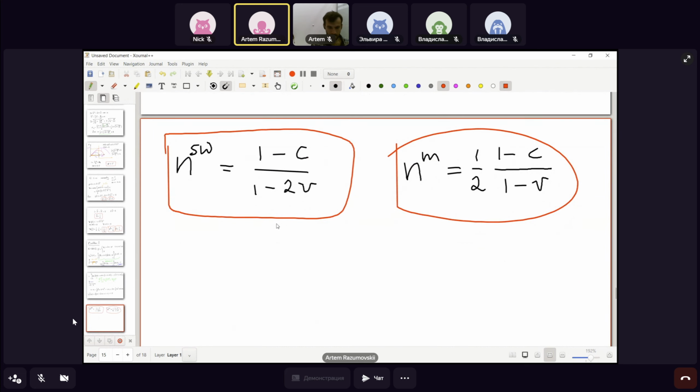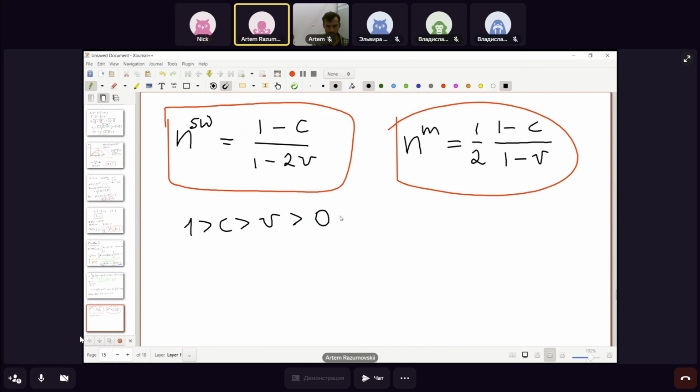So then let's compare these two. Which one is greater? Yeah, remember that 1 is greater than c, greater than v, greater than 0. Welfare should be greater because the denominator is less.